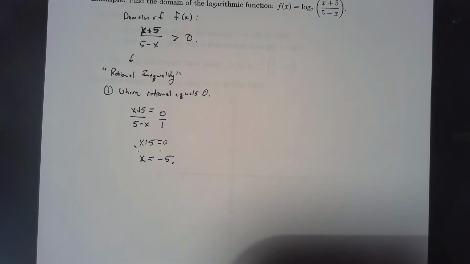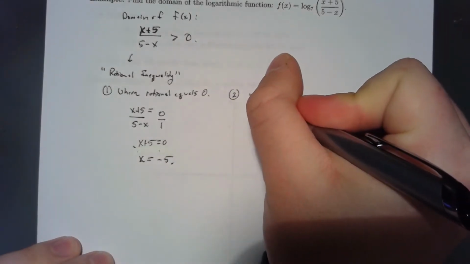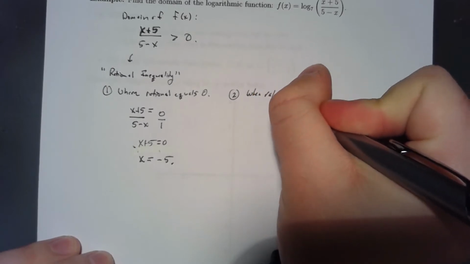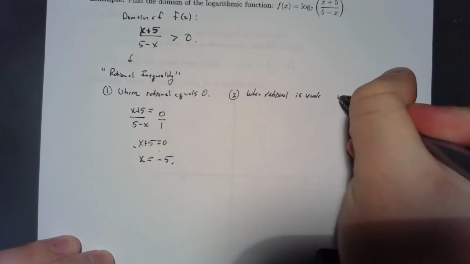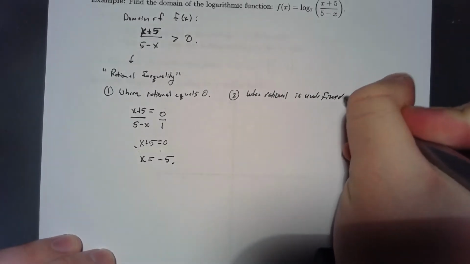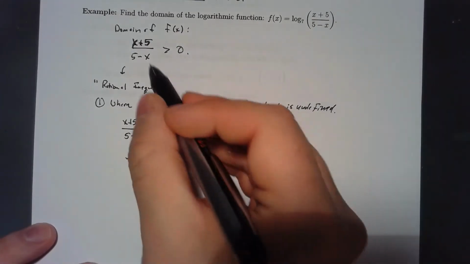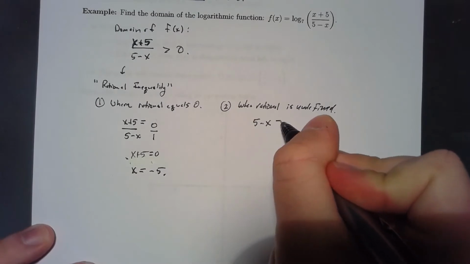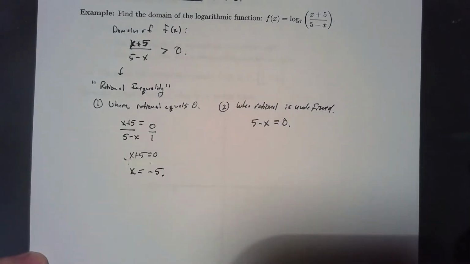The other breakpoint occurs when the rational is undefined. So this rational is undefined when 5 minus x equals 0, because then we have division by 0, right?